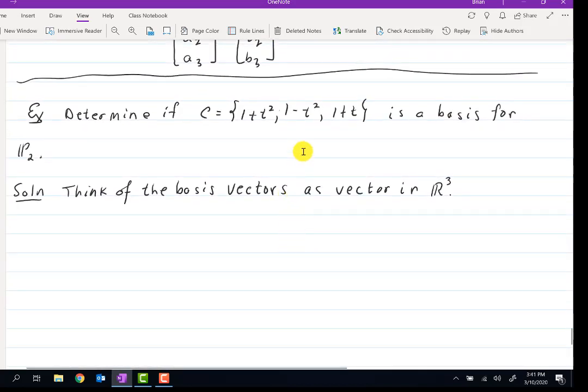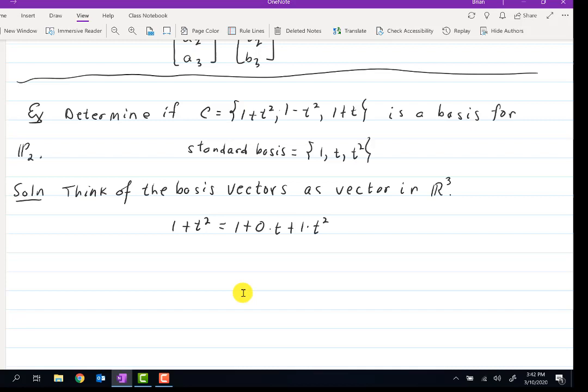So when I take a look at the 1 plus t squared, you'll notice that's 1 plus 0 times t plus 1 times t squared. Well, its standard basis, remember, is {1, t, t squared}. So let me put that down, standard. We'll call that B. So that means when I do 1 plus t squared in the B basis, it's going to look like 1, 0, 1.